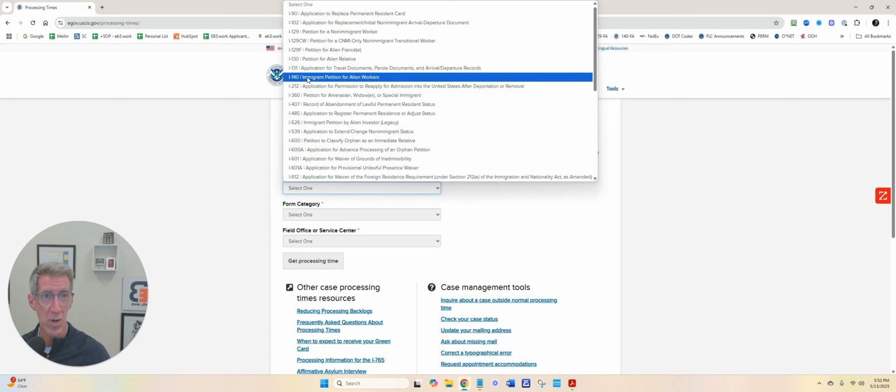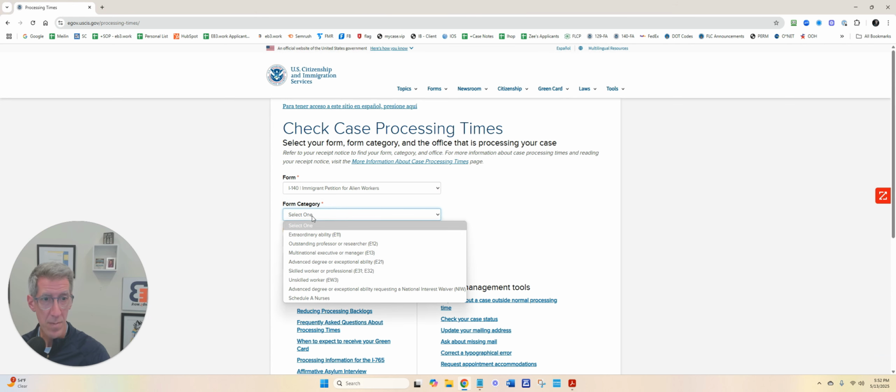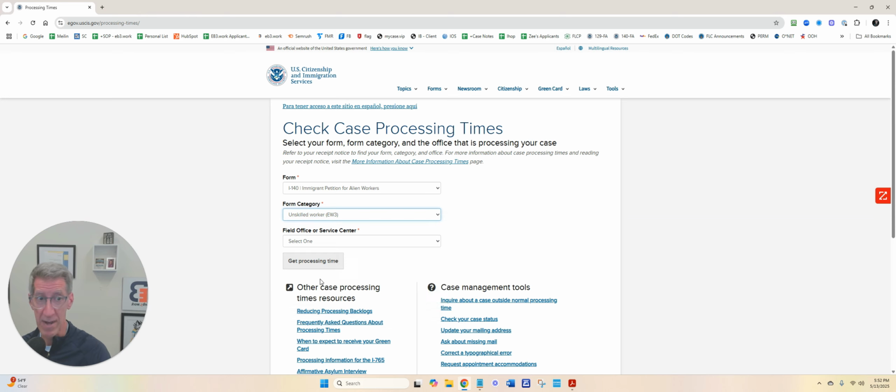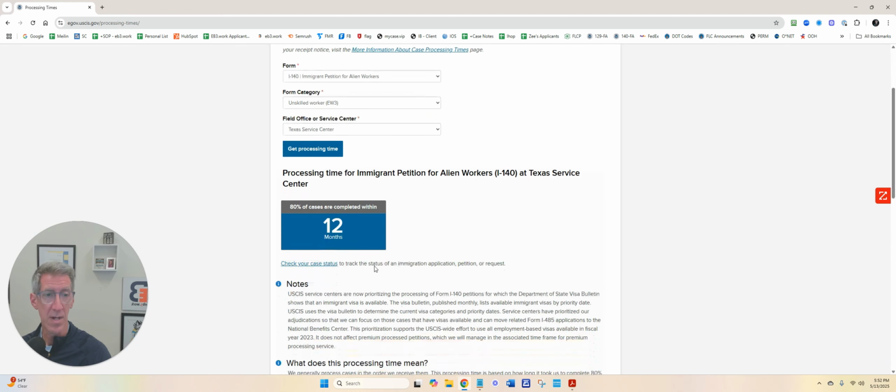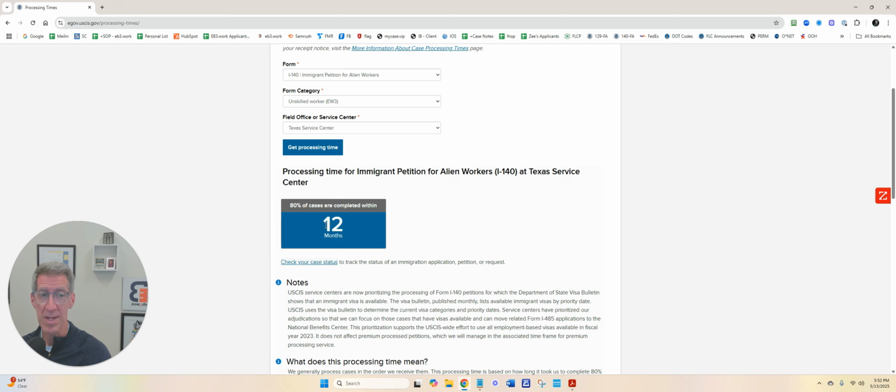So in the first one, I-140, under the category for the positions that we have, we look at unskilled worker, which is EW3, and the default is the Texas Service Center, and then click Get Processing Times. So right now it's about 12 months for the I-140.